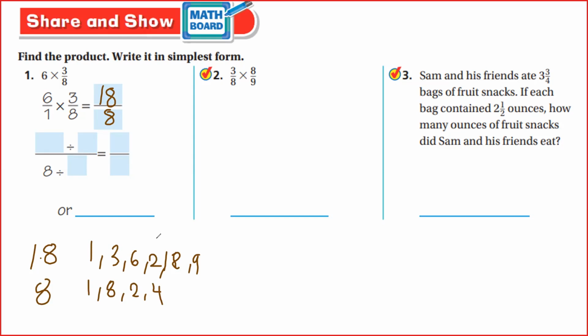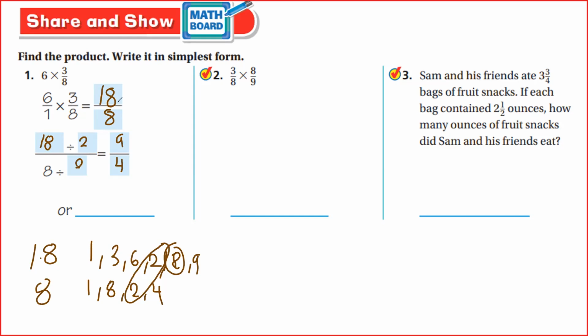So what is the greatest common factor here? It will be 2. So now I will divide both of them by 2. So I get the answer now as 9 over 4.